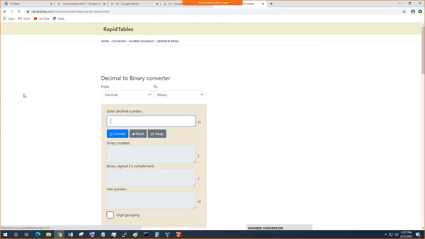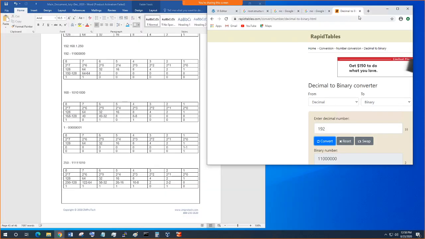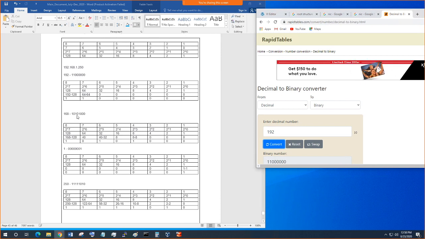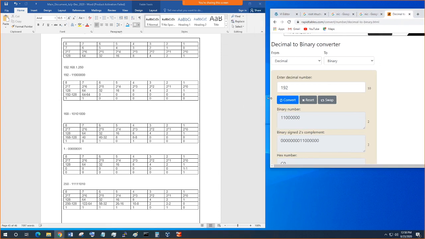So decimal to binary, I'm going to type 192 and convert. So the very first one came out to be accurate here. And let's put down 168 and convert. It did come out to be accurate here.